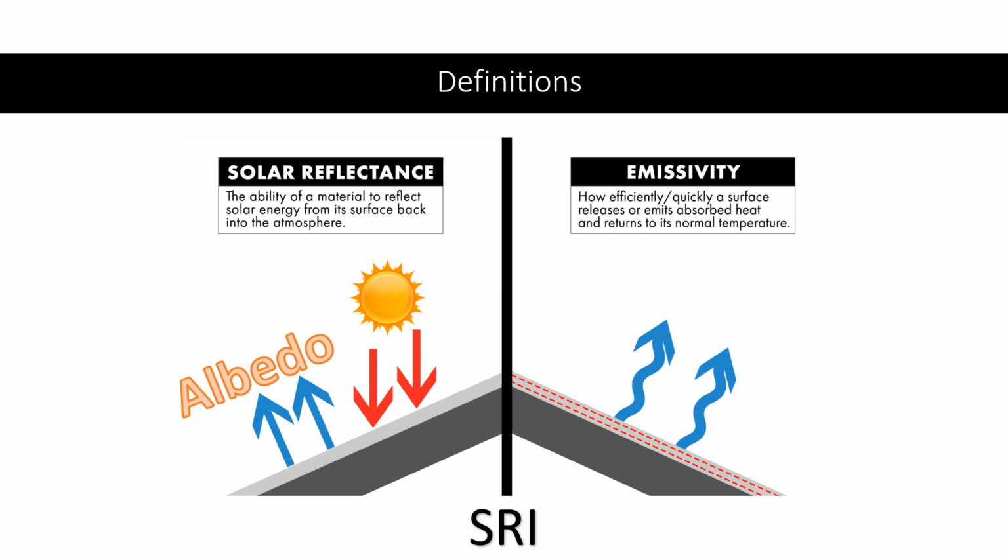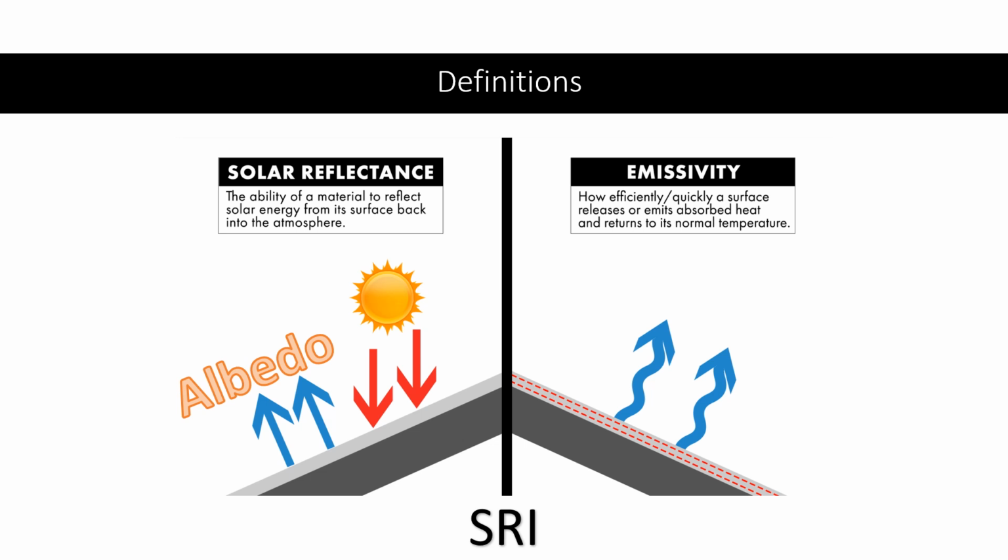An SRI value closer to 0 indicates a darker or black surface, and a value closer to 100 indicates a brighter or white surface. The Lawrence Berkeley National Laboratory created a downloadable SRI calculator where you can put the solar reflectance and emissivity values, and it will calculate it for you.